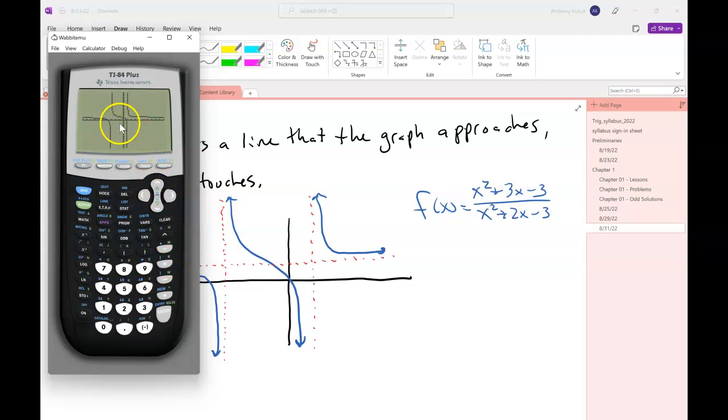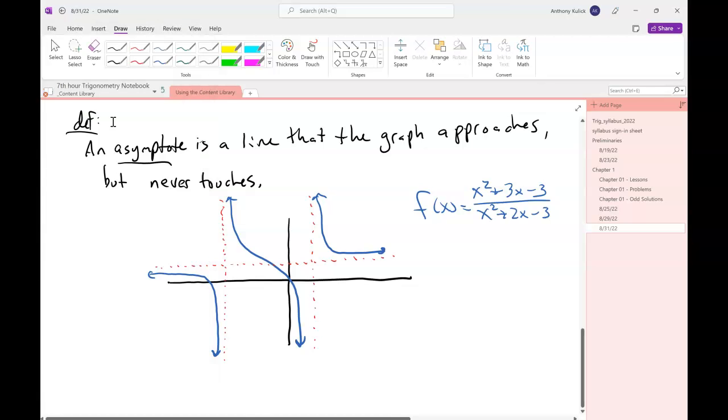So what I'm going to look for is, it looks like here there's an asymptote. Everybody agree with that? Now that's a vertical asymptote because it's going straight up and down. And it appears that's happening at the vertical line x equals -3. Everybody's okay there?